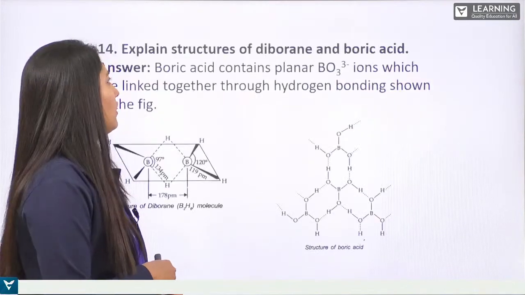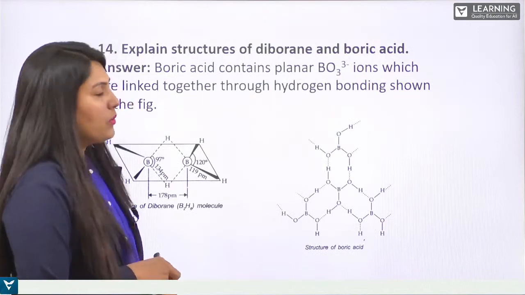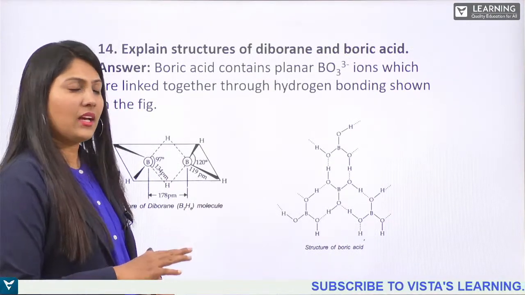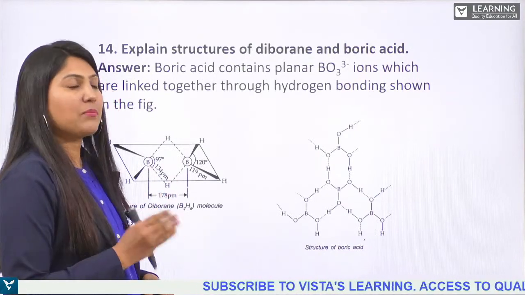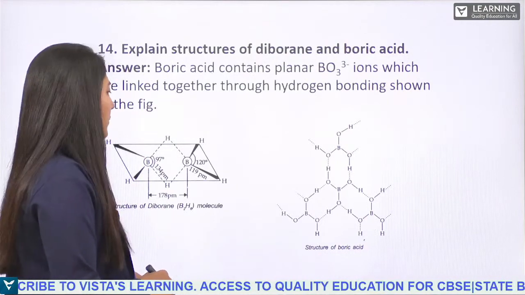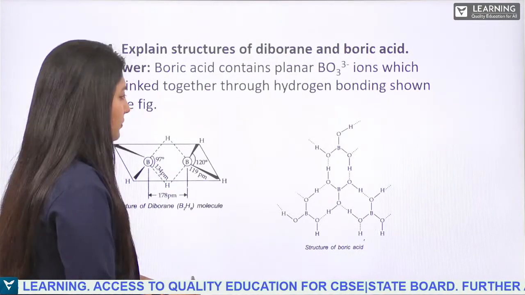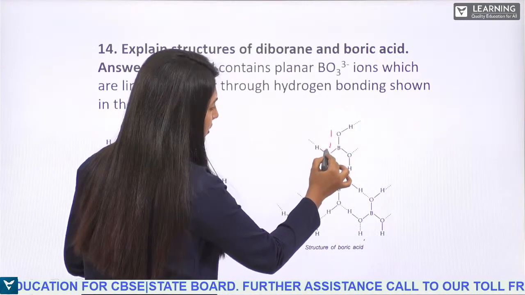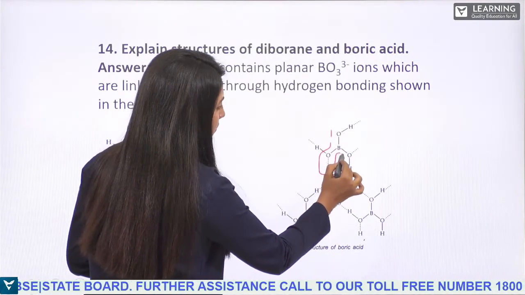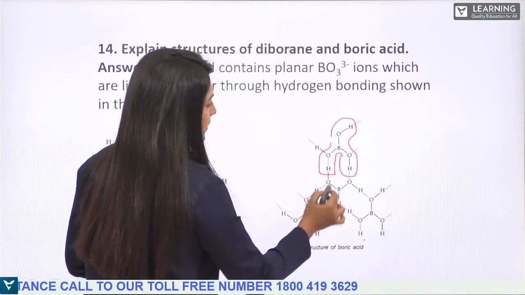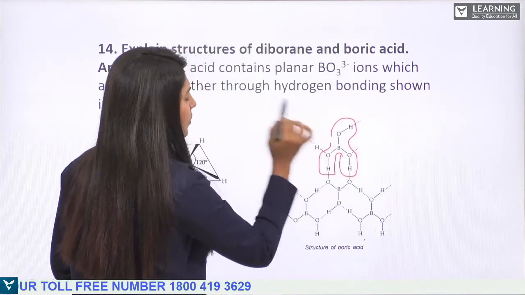Be careful. Explain the structure of diborane and boric acid. Boric acid contains planar BO3 3- ions which are linked together through hydrogen bonding. So you can see here this is the one structure where you can see the boric acid, H3BO3.